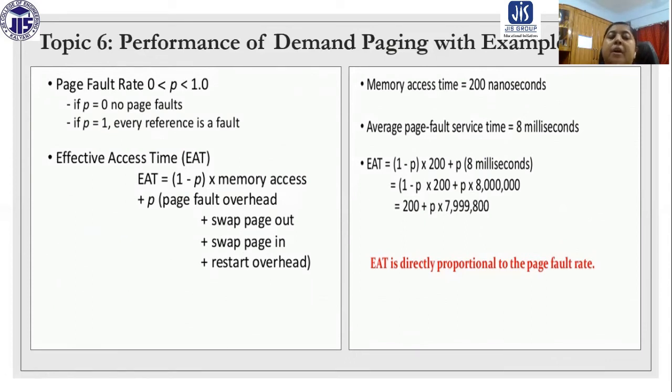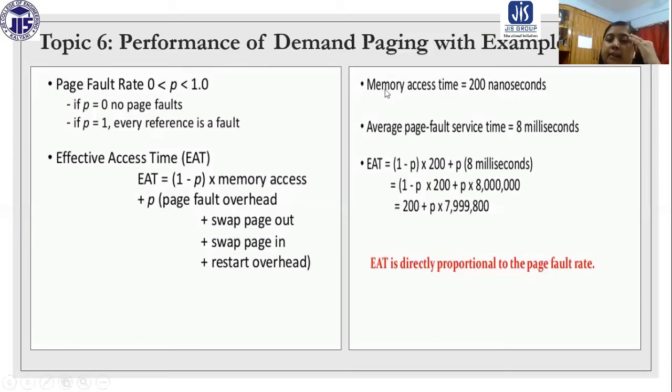Maybe the free frame is not there, so some page is swapped out, and only then can the required page be swapped in. We require some time for that, and then we need to restart the whole thing. All this is added, and then we have the effective access time for demand paging.